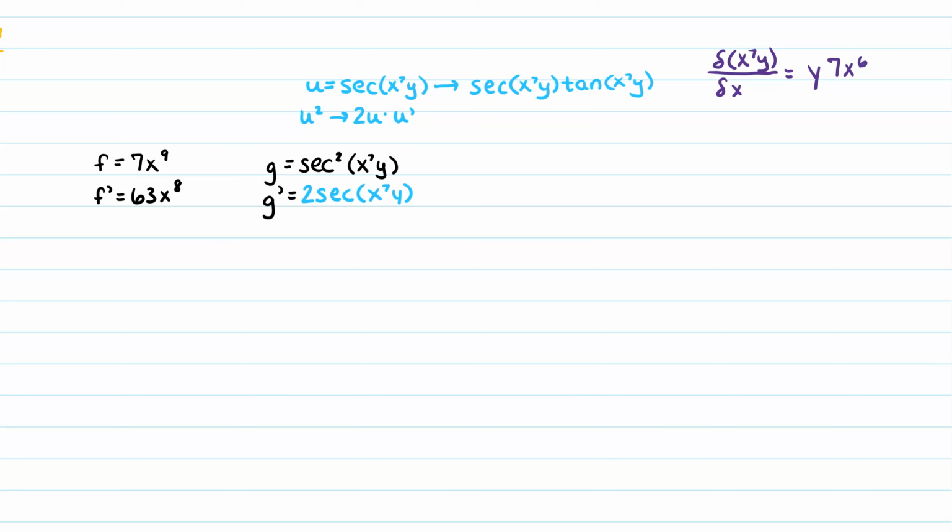So I would tack on here 7x^6y, and I'll clean it up now, and I'll call this 14x^6y secant of x^7y.